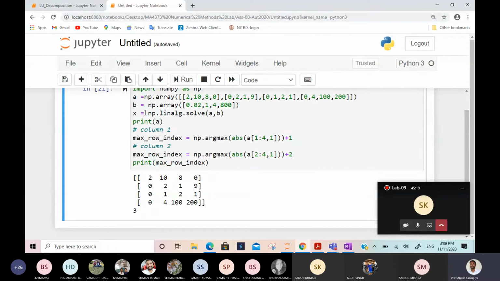I wrote here column 1, column 2 to show that this code will give the maximum here. 2 to 4, comma 1 you have written, so it should be 2, right? Sorry, yes, it should be 2. Correct. Yeah, now it is fine. It will be 2 here.